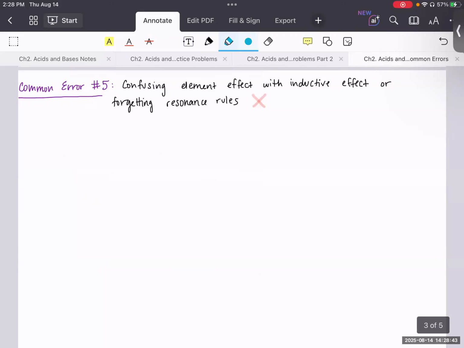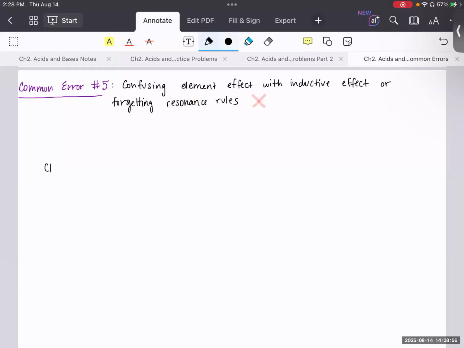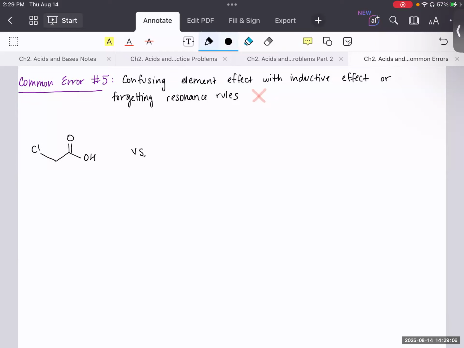All right. The next one is confusing the element effect with the inductive effect or forgetting resonance rules. So I'll show a few different examples of this. So the first one is something like this. Where let's say that we have this acid versus this one.